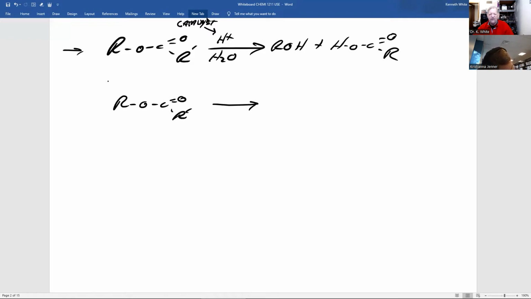Well, you use steam. And what's steam? Hot, very hot water. And you get the same products. Instead of an acid catalyst, you have the increase in heat to catalyze it.